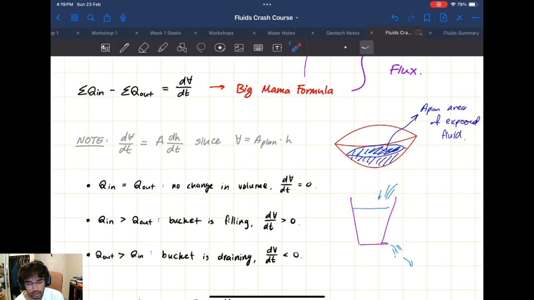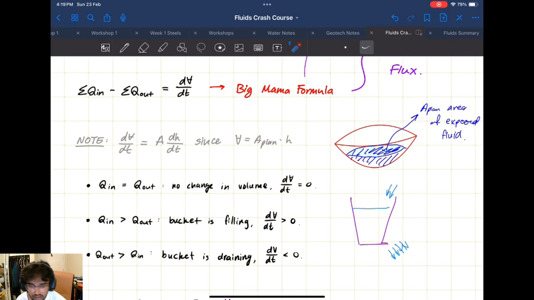However, if the amount going out is greater than the amount going in, so you're losing water at a greater rate, there's only a bit going in but a lot going out, that means this volume will eventually decrease over time.